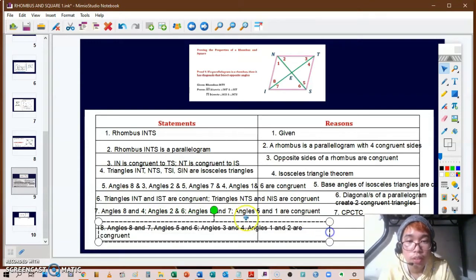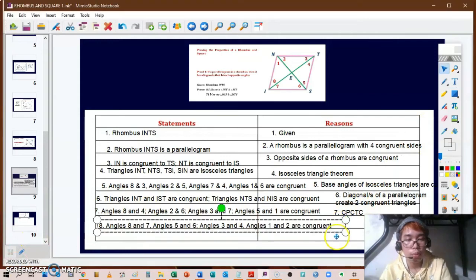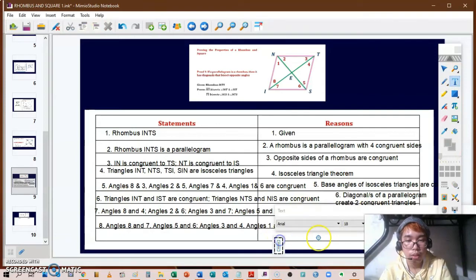So we can write that here. Number 8, transitive property of congruence.